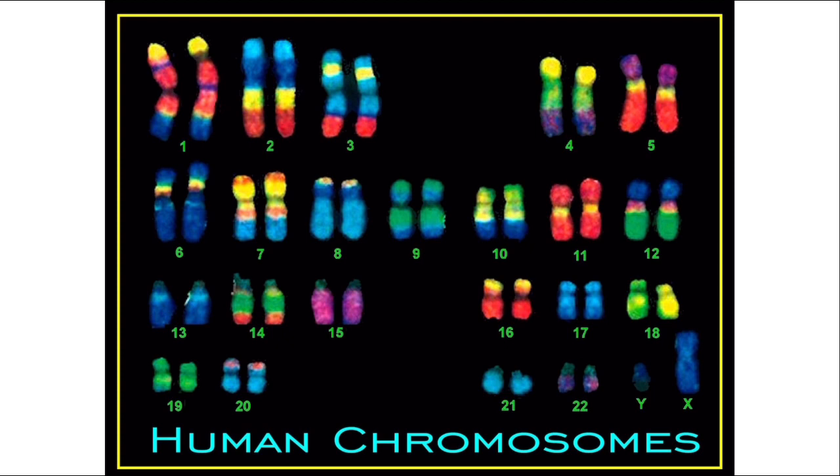And then the last pair, your 23rd pair, is your sex chromosomes. If you're a male, you'll have an X and a Y chromosome, and if you're female, you'll have two X chromosomes. Again, 23 pairs, one set of those 23 pairs came from dad, the other set came from mom.